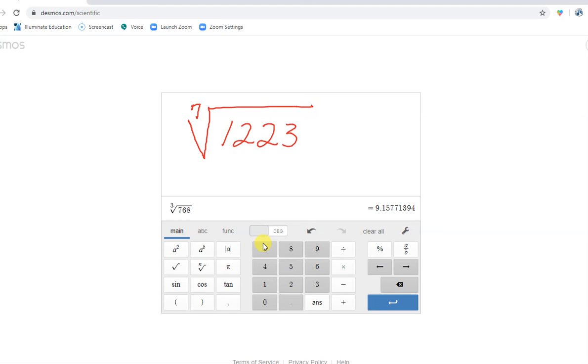Seventh root of 1,223 is 2.76 or 2.8, 2.8 with the rounding.